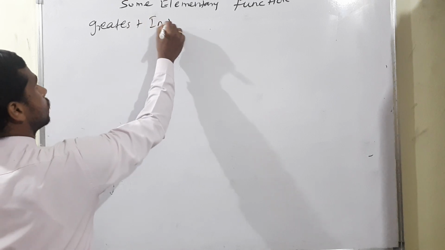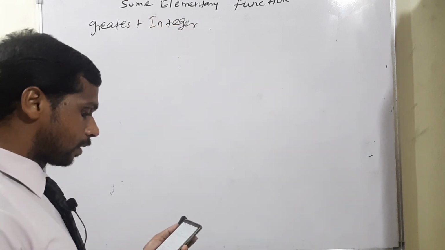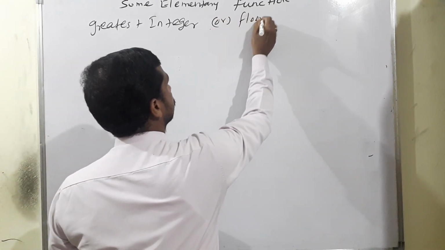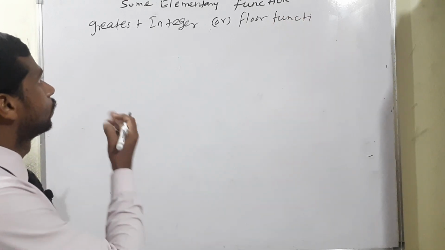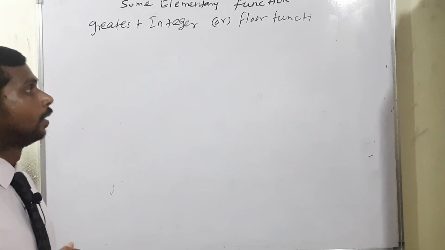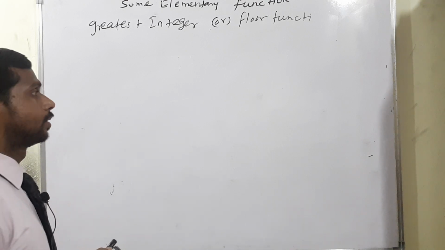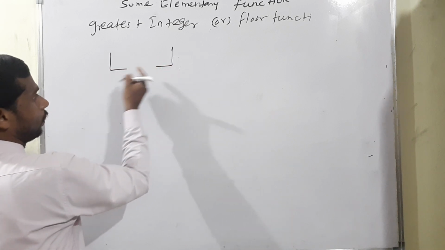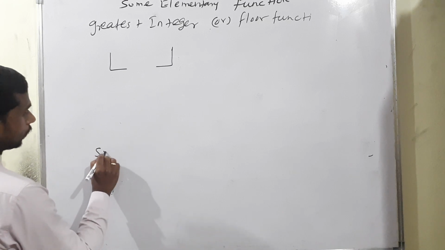Another name for the greatest integer function is the floor function. Mostly we use the word greatest integer, not floor, but just keep in mind that floor is another name for the greatest integer function. This is the symbol. At the same time, I am writing the smallest integer function, okay.